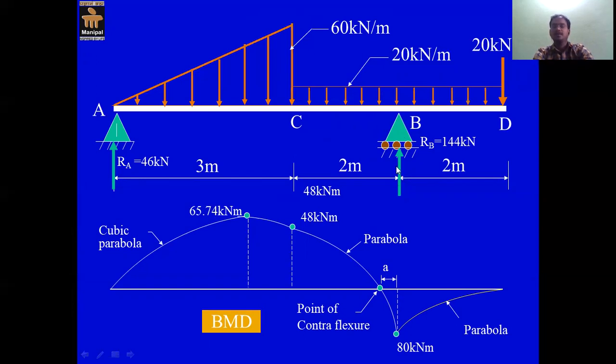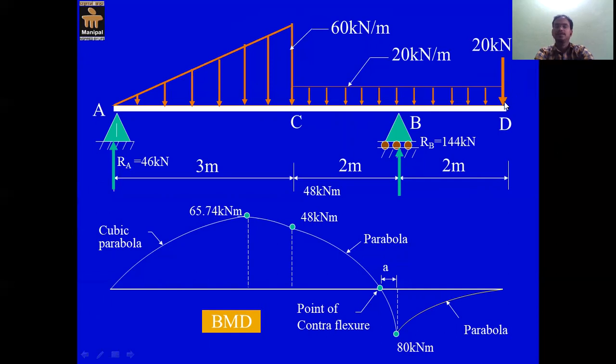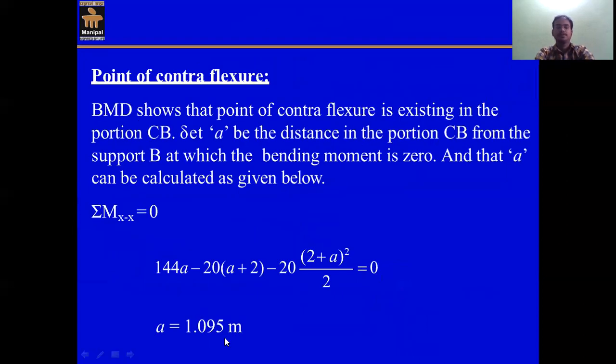So it is the reaction RB, that is 144 kilonewton into a, minus 20 into (2 plus a) because the load is in the downward direction, and the other term is 20 into (2 plus a) into (2 plus a) by 2.